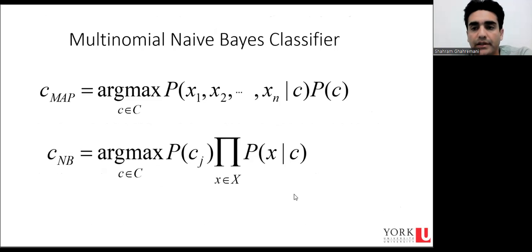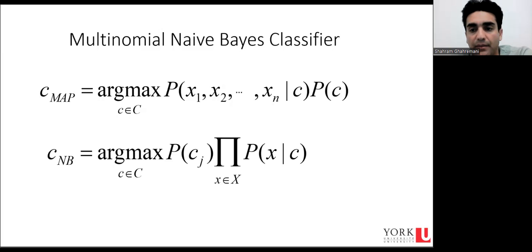In other words, simplifying with a naive Bayes assumption, in order to compute the most likely class by multiplying a likelihood, the probability of a whole joint string of features, times a prior probability of a class, we are going to simplify that.